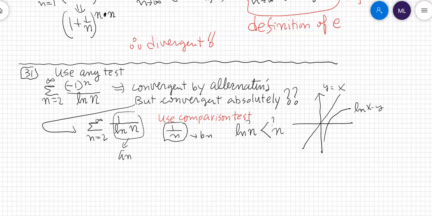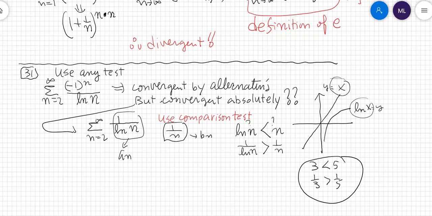This is y equals log x. X is bigger than log x. That's what I mean. Okay, so n is bigger than ln of n, so 1 over ln n is bigger than 1 over n. Okay? 3 is less than 5, then 1/3 is greater than 1/5. So here, this is bigger than 1 over n.